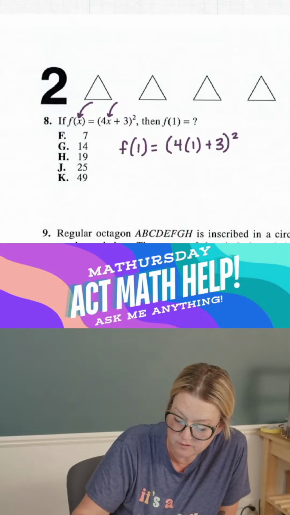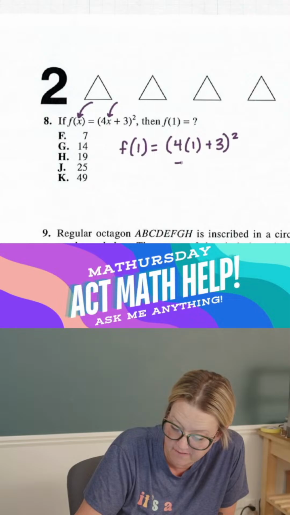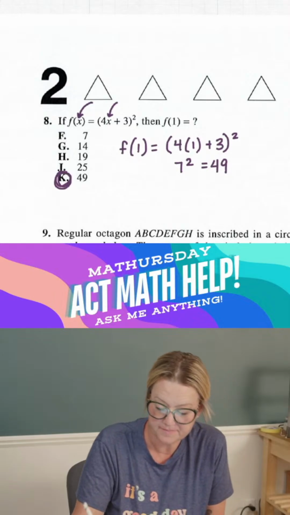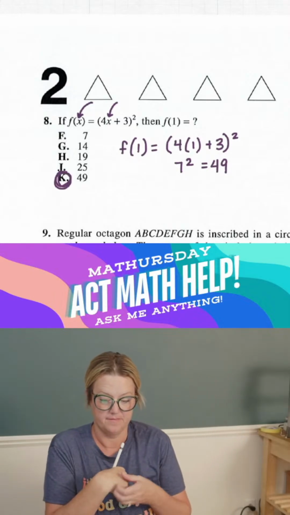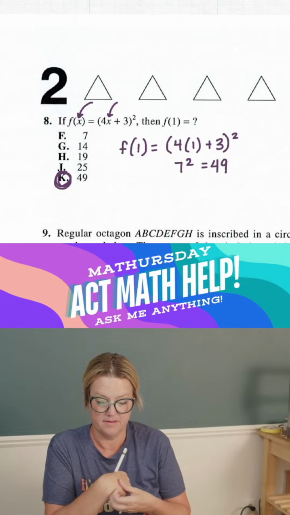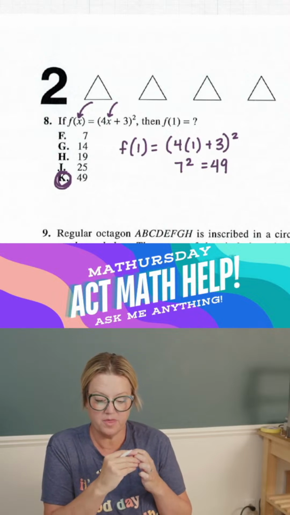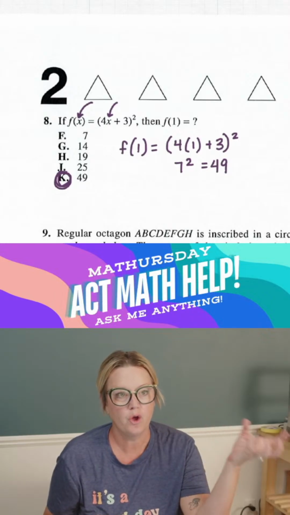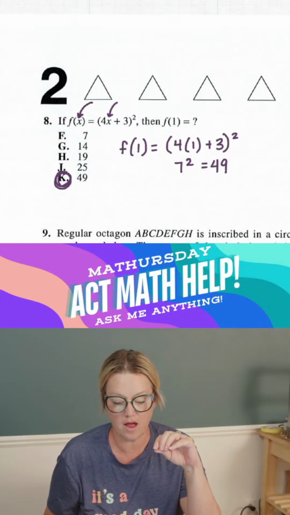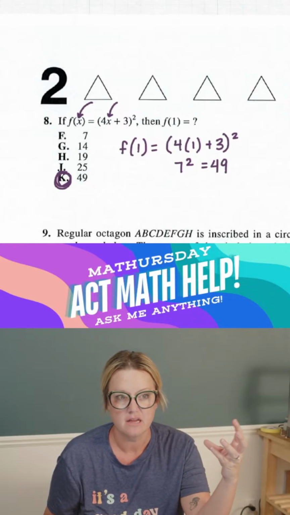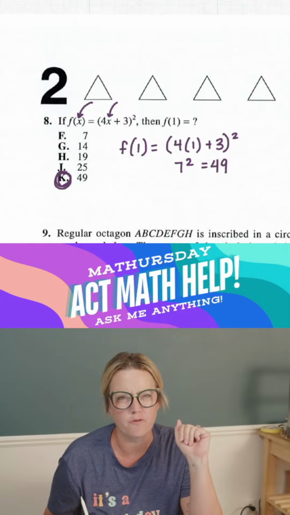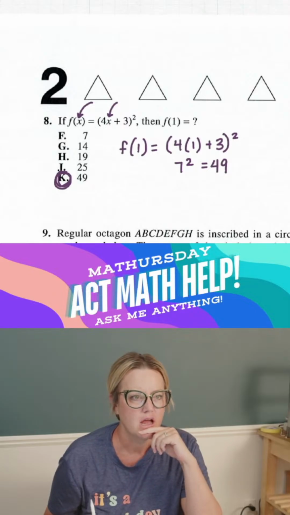So 4 times 1 is 4, 4 plus 3 is 7. So this is 49. So that's K. Okay, with that one, once you understand that whatever's in the parentheses replaces the x, it's a lot easier. It's pretty straightforward with all of these questions.